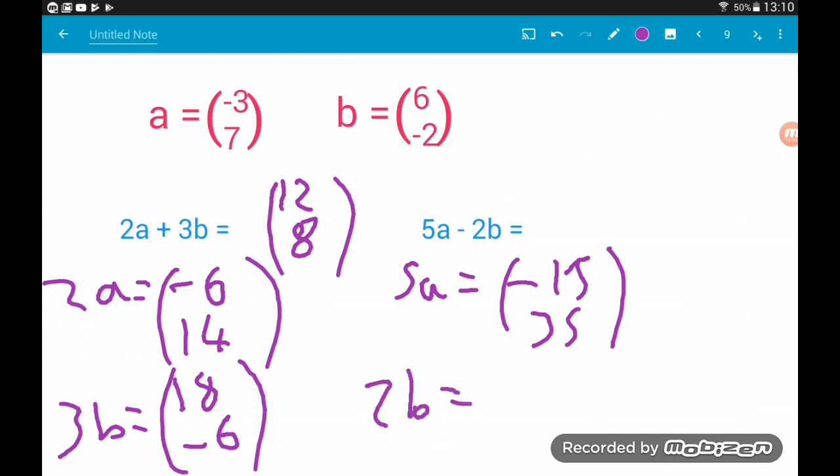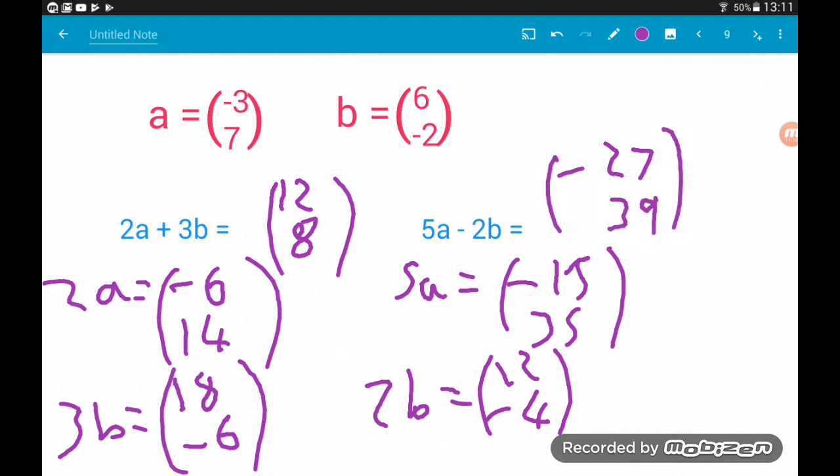So 2B is going to be 2 times 6 is 12. 2 times minus 2 is minus 4. Okay, so now we need to do 5A minus 2B. So minus 15 minus 12 is going to give us minus 27. And finally, 35 minus 4, double negative again, 35 plus 4 then is going to give us 39.